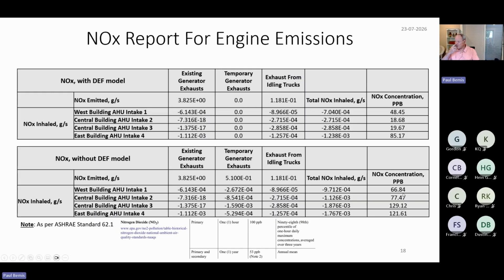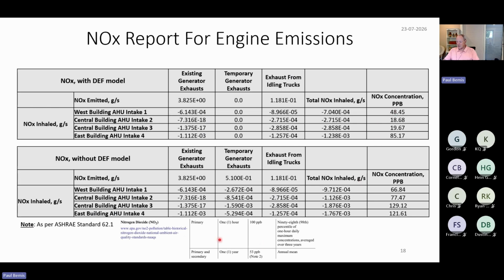We produce grams per second of NOx inhaled into the intakes. Take intakes 1, 2, 3, the ones we're worried about, and 1, 2, 3, 4, and then the concentrations of NOx that are resulting. You can see these numbers are really quite low: 7 times 10 to the minus 4th, 48 parts per billion.